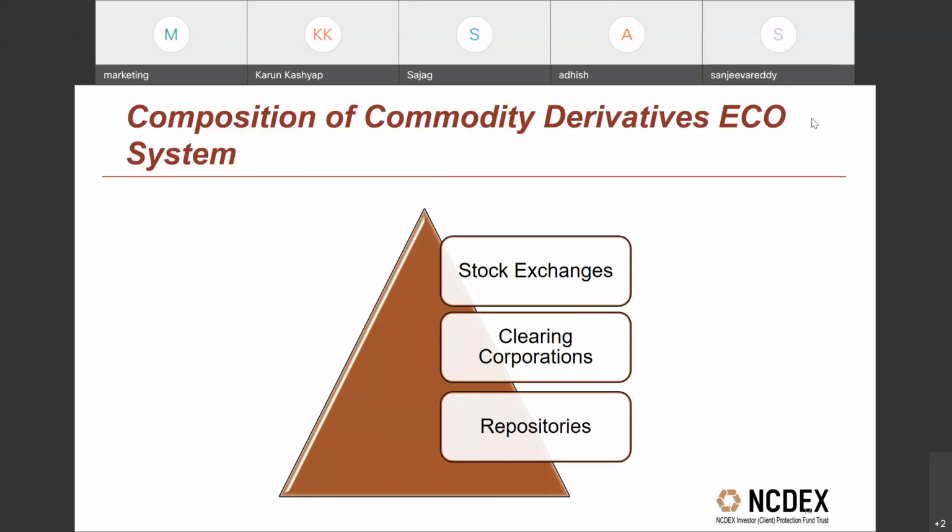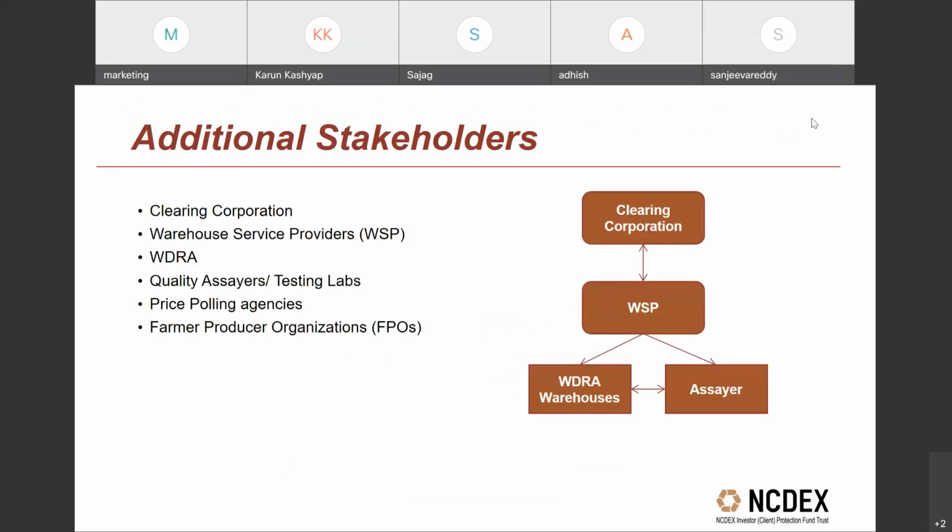And then the repository is like a demat account in commodity. If somebody has a physical commodity, then that commodity is converted into electronic form and then credited. So it is just like a demat account in shares.